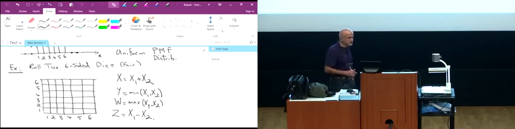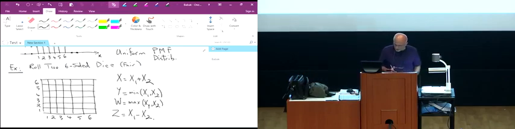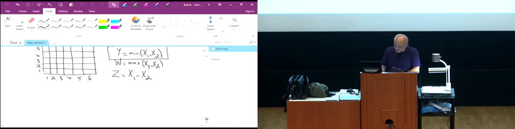But let's look at one of these, at least. Let's look at this one. How many possible values can the random variable y take?